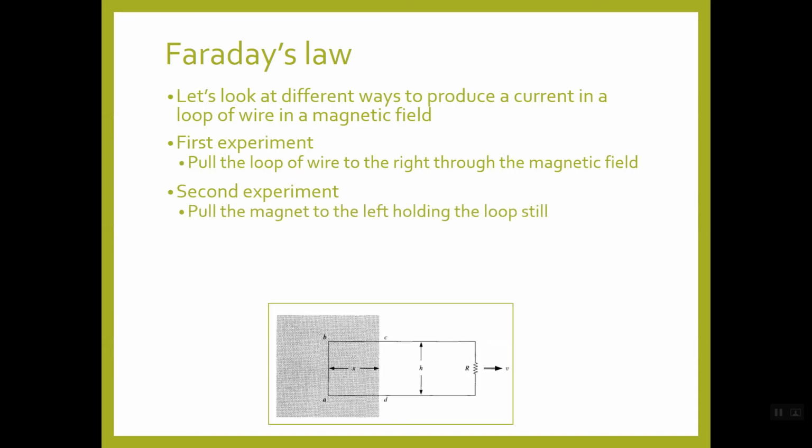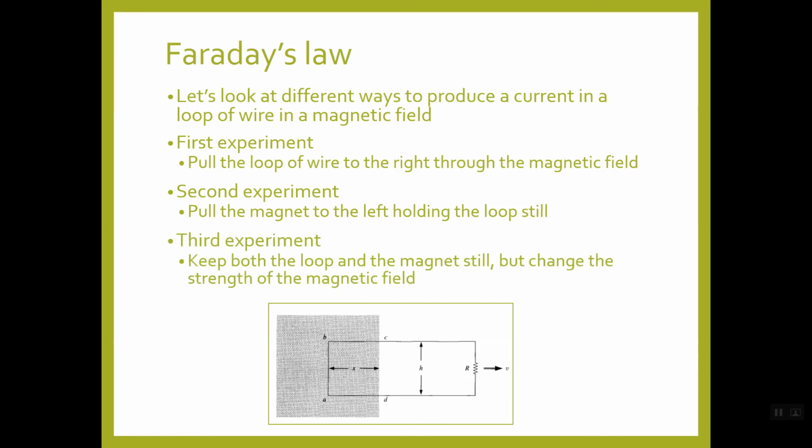So that's a second way to produce a current in the loop of wire in the magnetic field. The third experiment is we could keep both the loop and the magnet still, but we can just change the strength of the magnetic field.